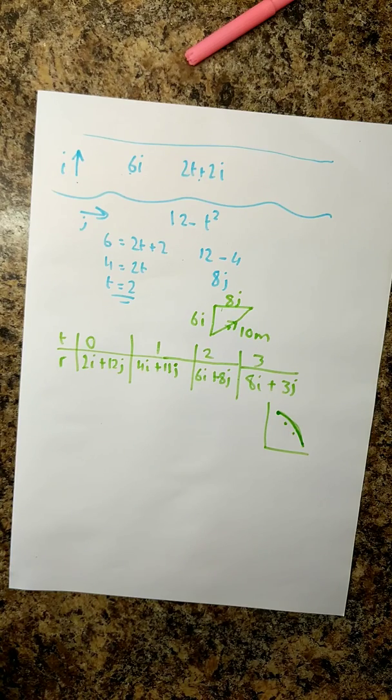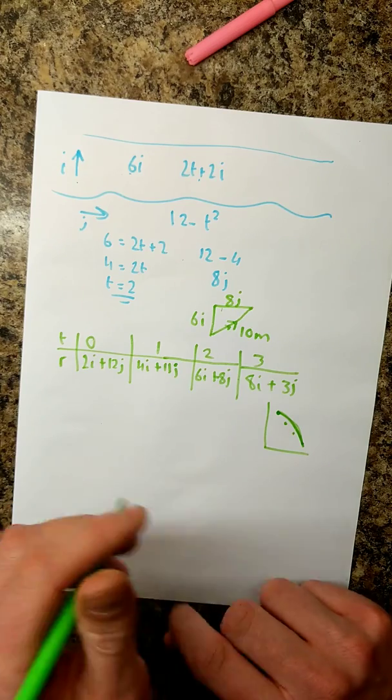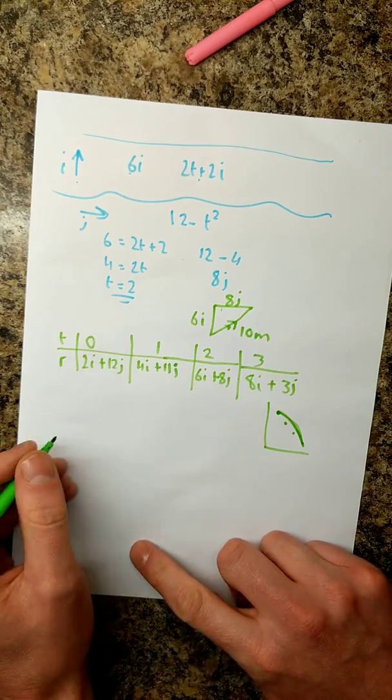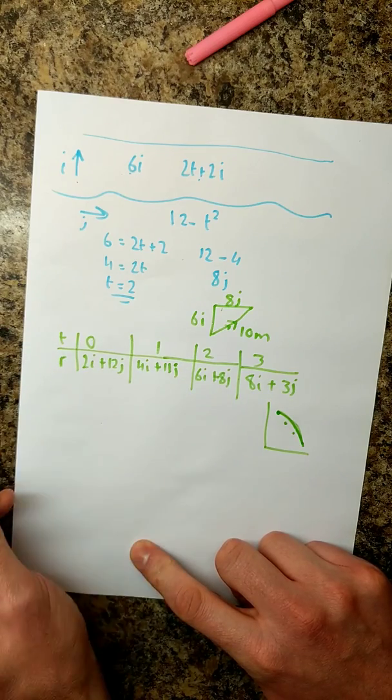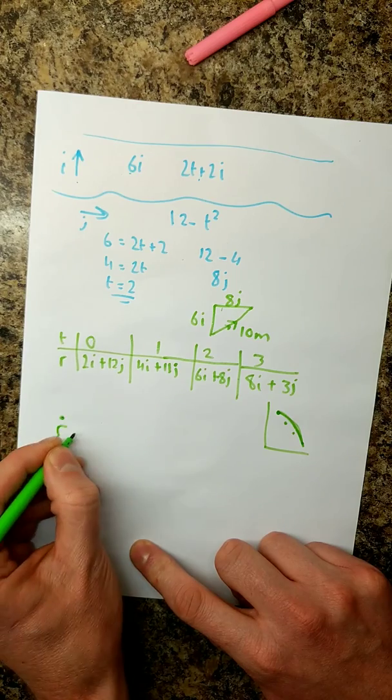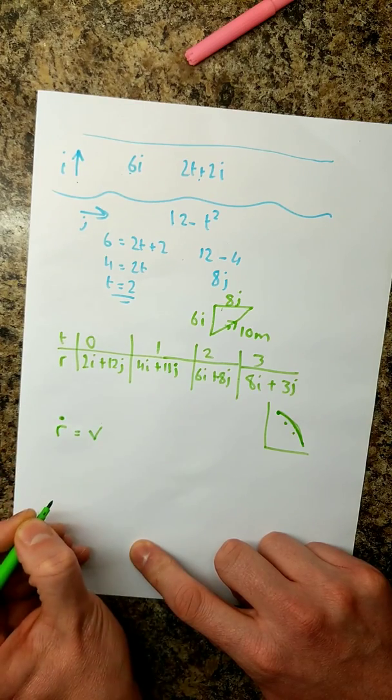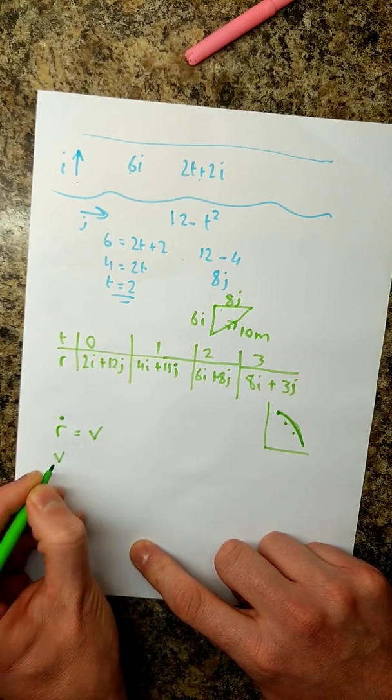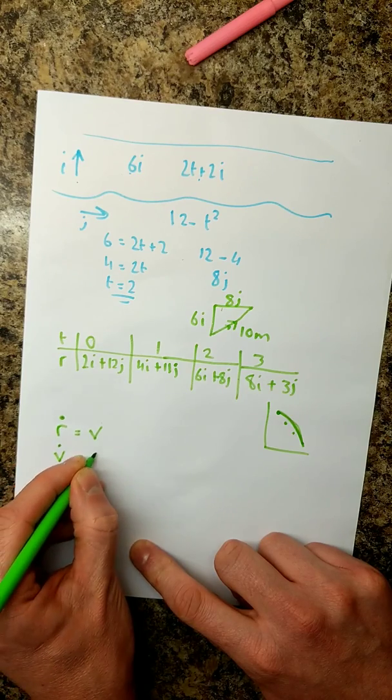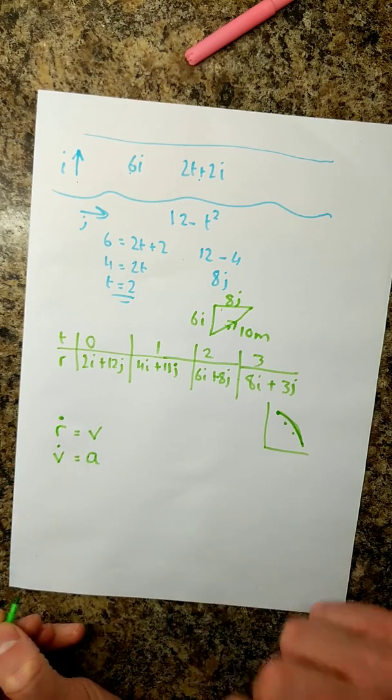Now part 3, find an expression for the velocity and the acceleration of the speedboat at t, and is the boat ever at rest. Now from the previous videos, we should know that if we've got the position and we differentiate the position, we end up getting the velocity. If we differentiate the velocity, we get the acceleration.